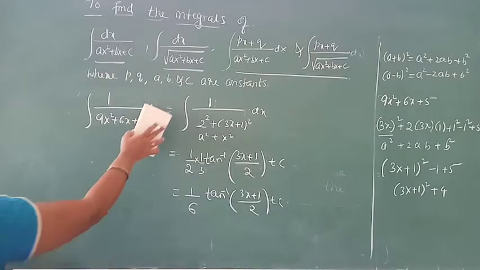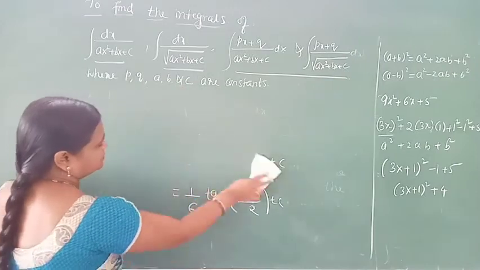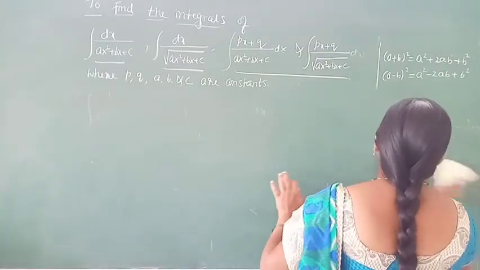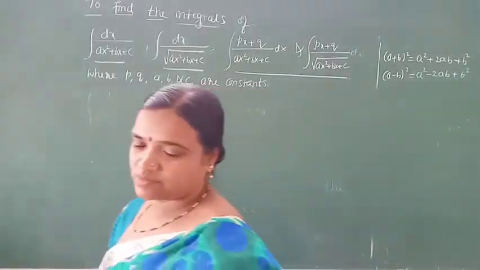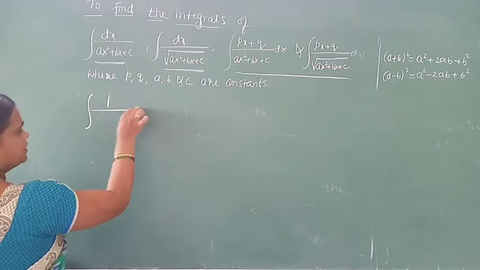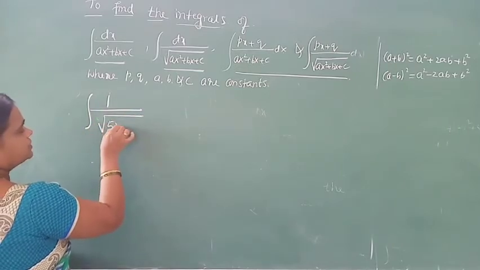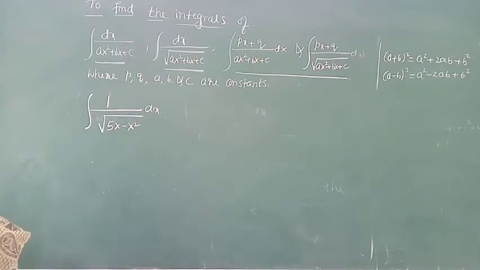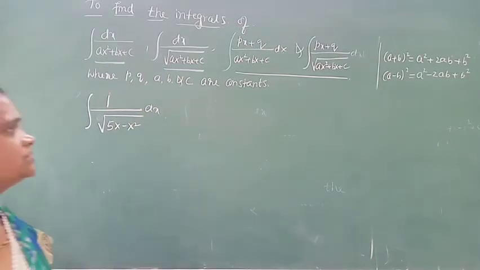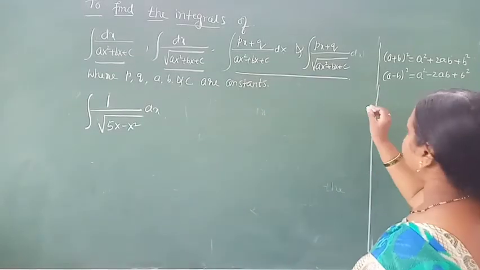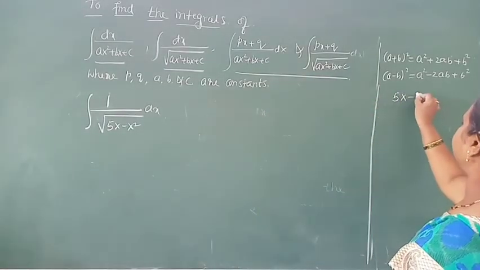Okay, next example is integration of 1 divided by root of 5x minus x square dx. Here, see what is given? It is 5x minus x square.